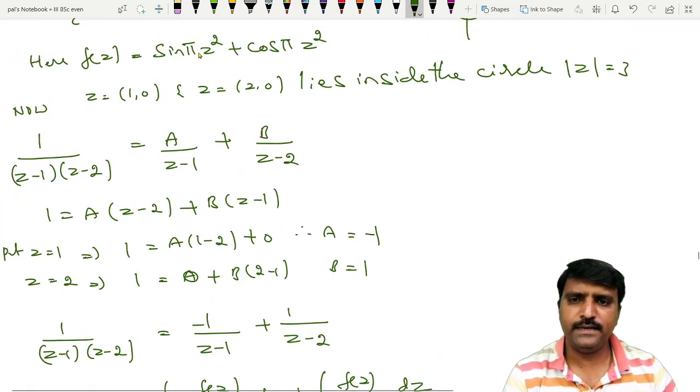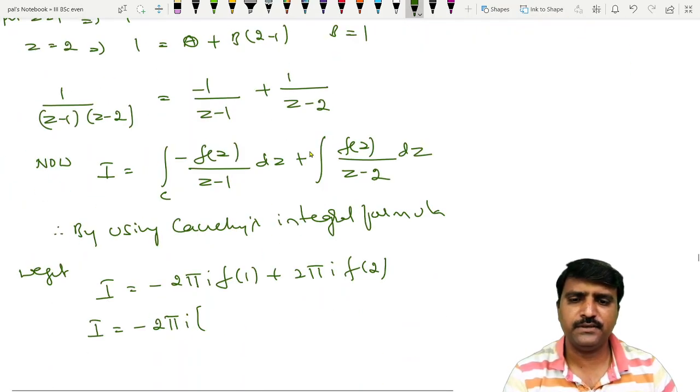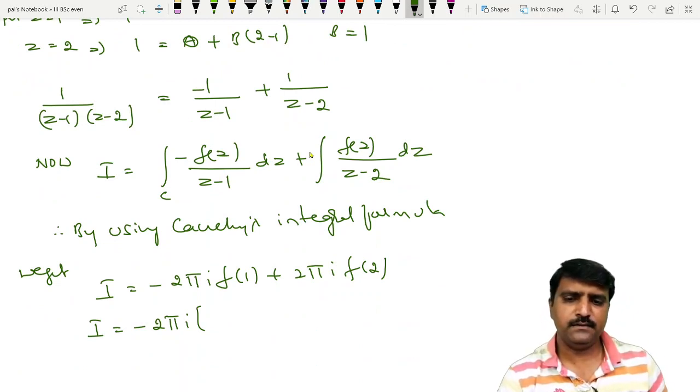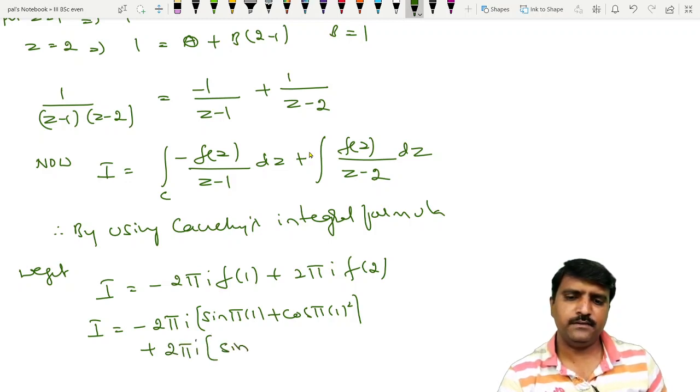That is sin pi z square plus cos pi z square. So f of 1 means sin pi 1 square plus cos pi 1 square, plus 2 pi i into sin pi 2 square plus cos pi 2 square.